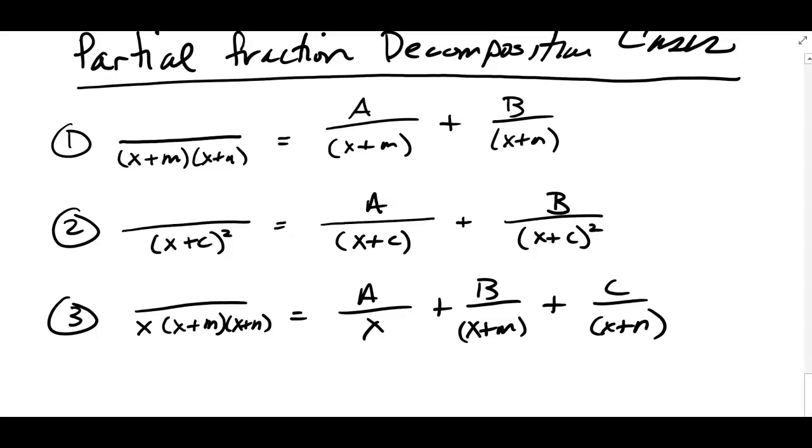So it really does come down to all of the different factors in the denominator. Just again, be careful here. To the first power, and then to the second power.